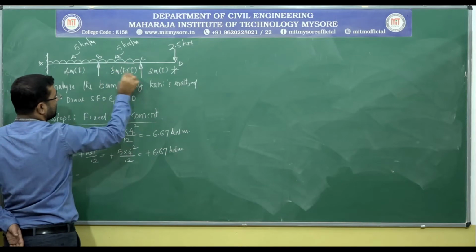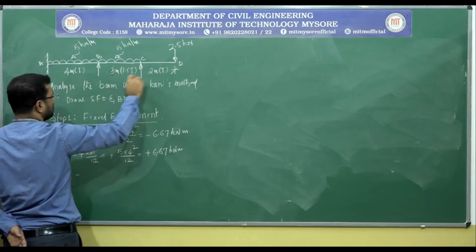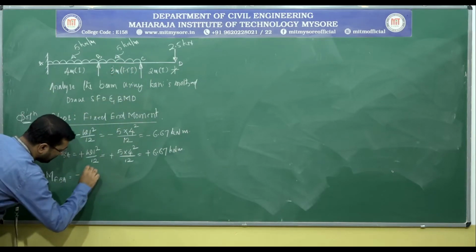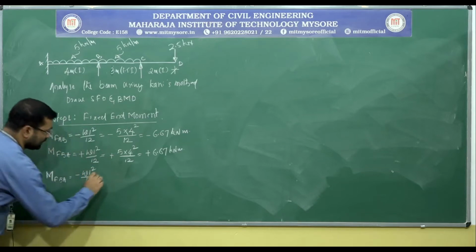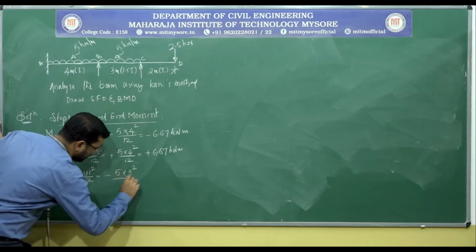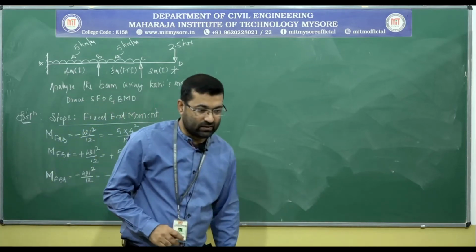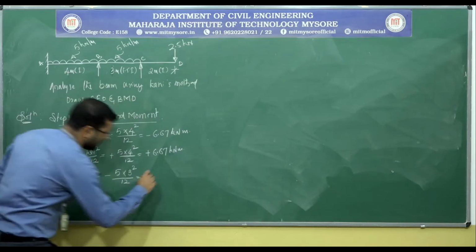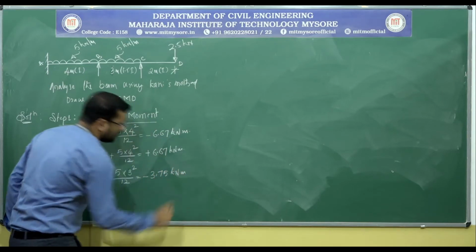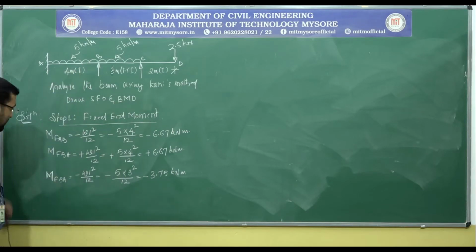For span BC the span is 3 meter and the I value is 1.5 I. So it is minus WL square by 12, minus 5 into 3 square divided by 12. This gives you a value of minus 3.75 kilonewton meter as the fixed end moment at B, that is MFBC.